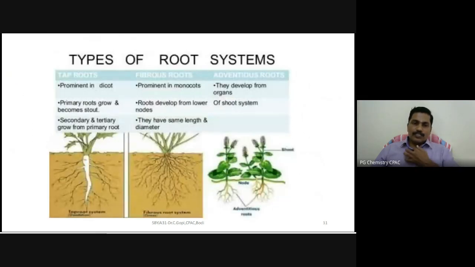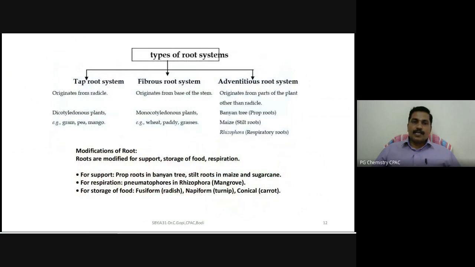The different root types, tap root system, fibrous root system, and adventitious root system, were studied in the earlier class or lower class. Tap roots, for example, are found in dicotyledon plants: gram, pea, mango.